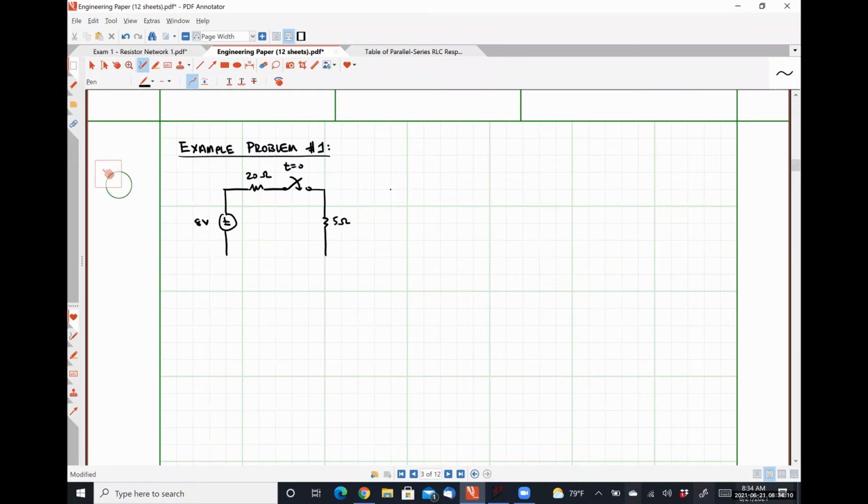Five-ohm resistor. Sorry, that should be an inductor. A 2-Henry inductor. A 0.5 farad capacitor. And then way over here on the right, I'm going to have a current source supplying 1 amp.